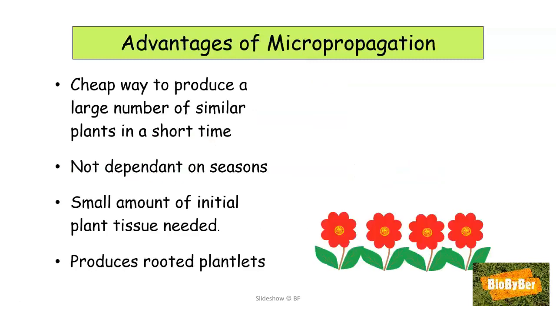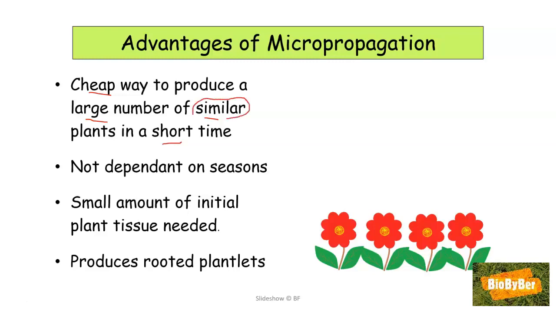Now, what are the advantages of micropropagation? Well, first of all, once the technique has been developed, it is a cheap way to produce a large number of similar plants in a short time. Now, as a gardener, we might want to have a cheap way of producing similar plants.